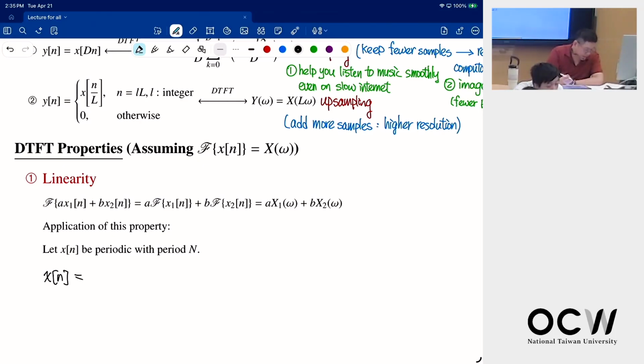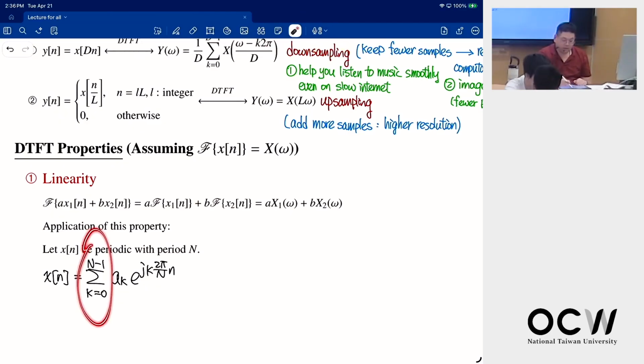It's periodic, so how can we express it? The a_k coefficients times e to the j k 2 pi over capital N, and k is from 0 to N minus 1 because it's periodic with period N. So every N points, you get the same shape.